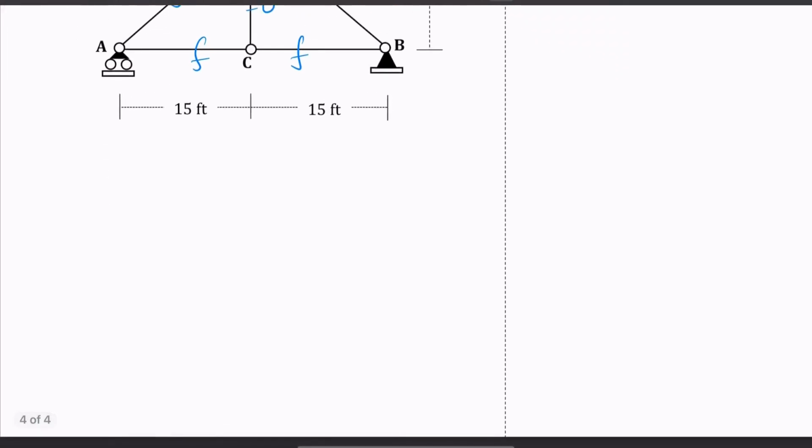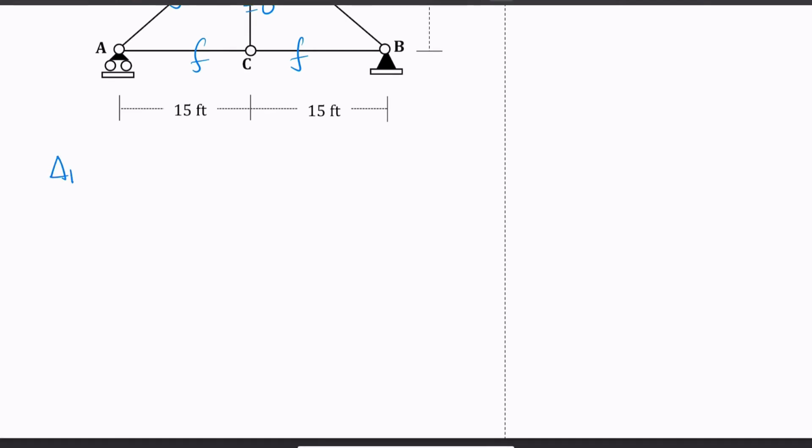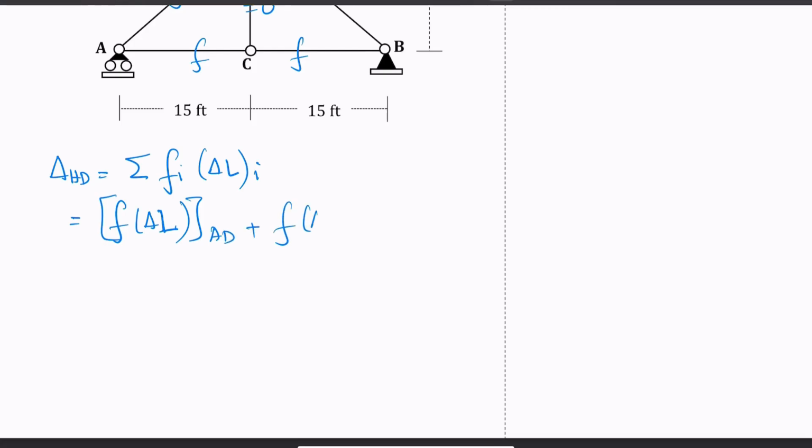Okay, so just like we did in temperature change, we'll have delta H D equal to summation of Fi delta L i, and because only BD and AD underwent misfit or fabrication error, that means only AD plus BD will be in your calculation, and the rest will be 0.